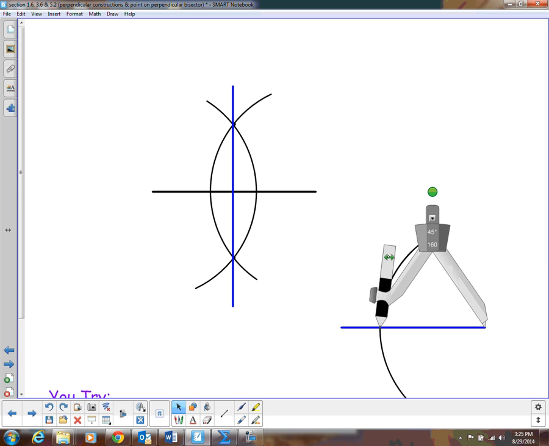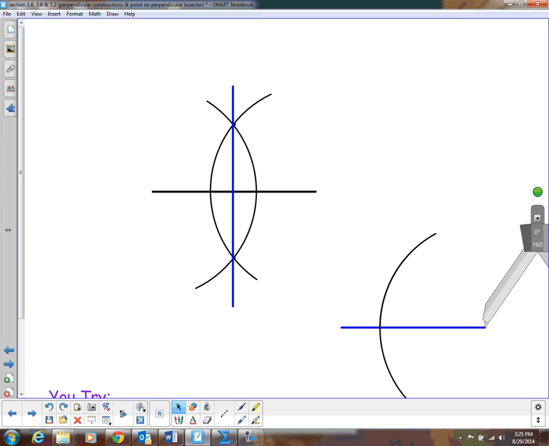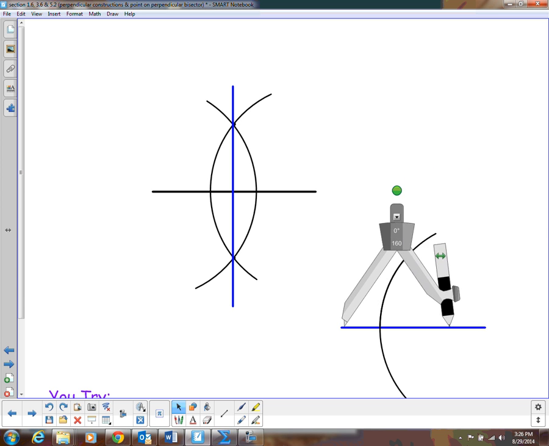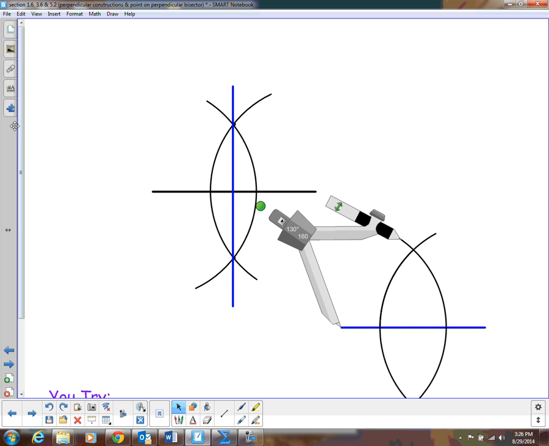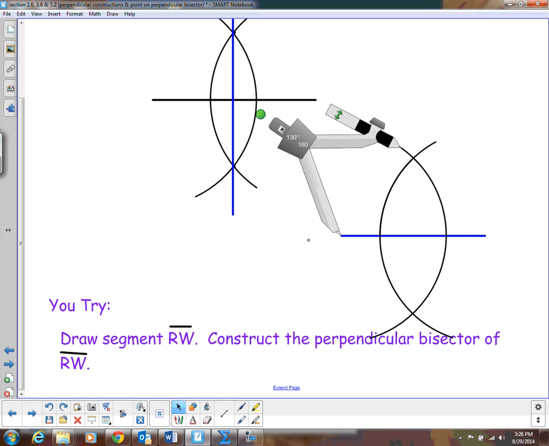It's got to remain the same. I'm going to put my compass point now on the other end point of the segment, and I'm going to draw another arc. Let me get this higher. And it's these 2 points of intersection that I'm going to connect. That is a perpendicular bisector.